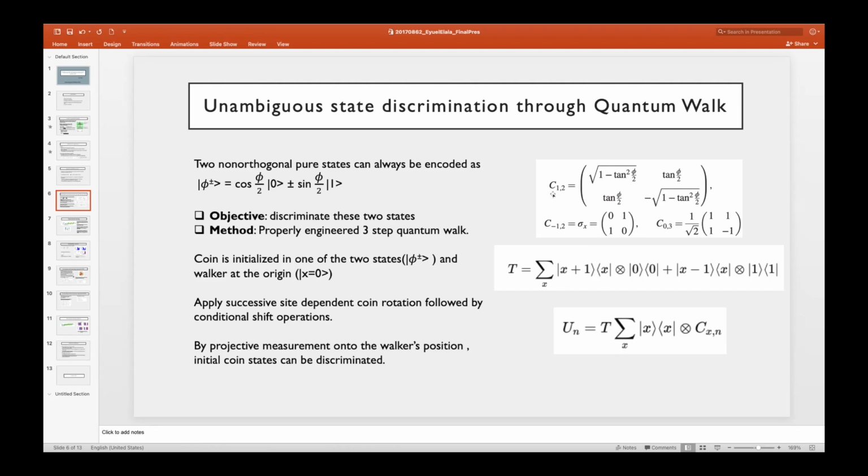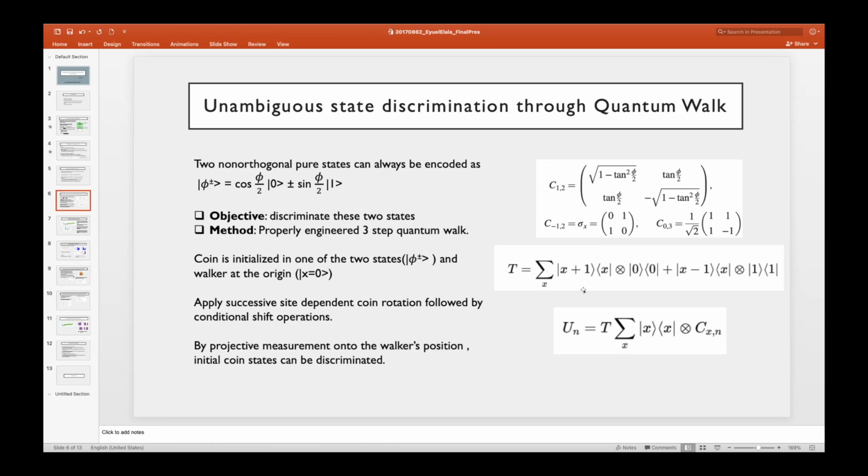For example, if the Walker is at position x equals one, you apply the unitary operation C1 on the coin state. At step zero, the Walker is at the origin, so C0 is the identity. You don't apply anything. Then you do the shift operator.